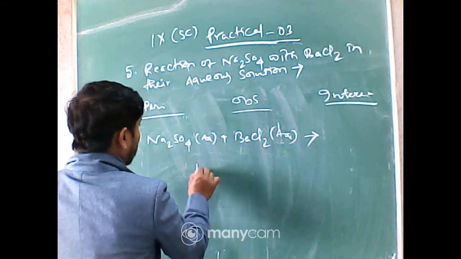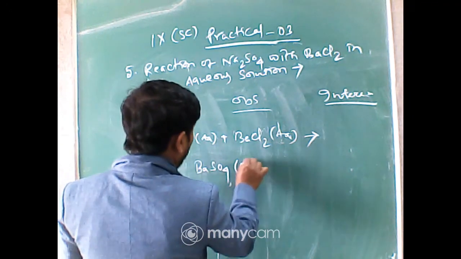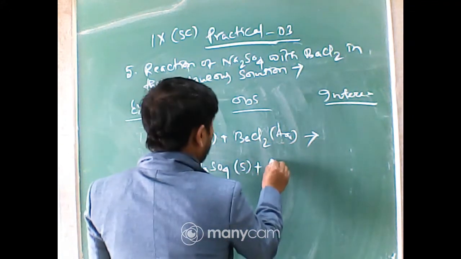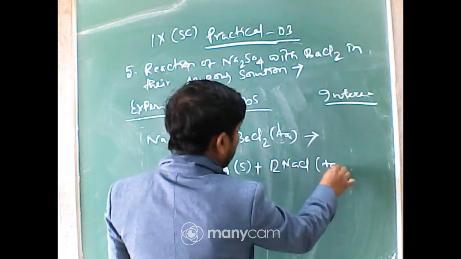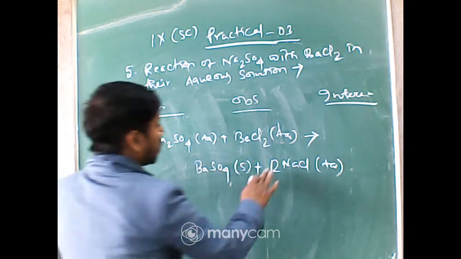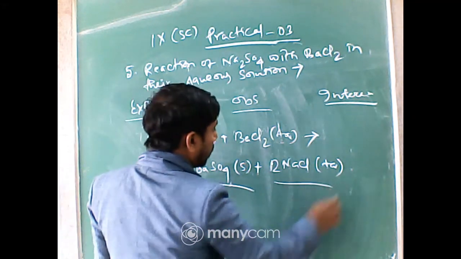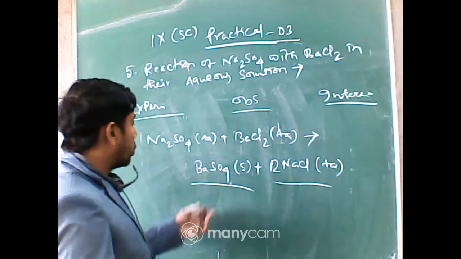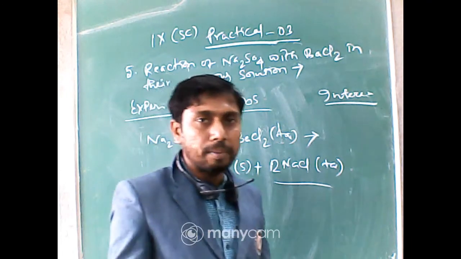This is barium sulfate solid plus sodium chloride, in aqueous medium. So barium sulfate and sodium chloride are the products. Two new compounds are formed by the reaction, so it is obviously a chemical change.